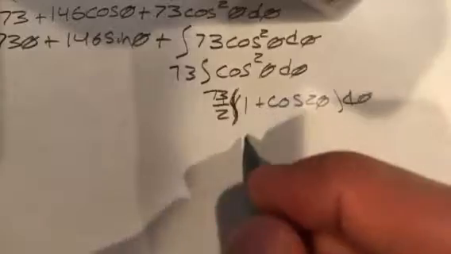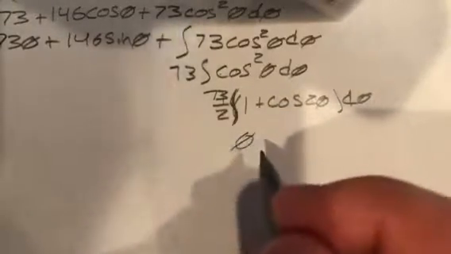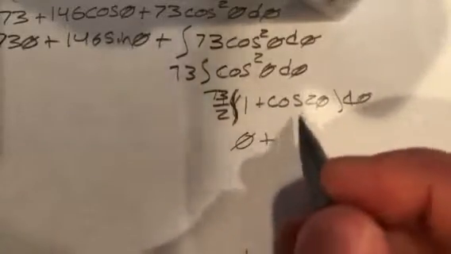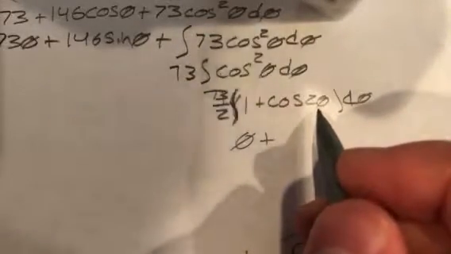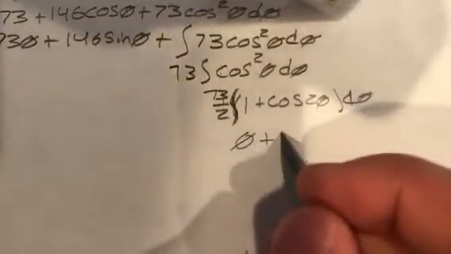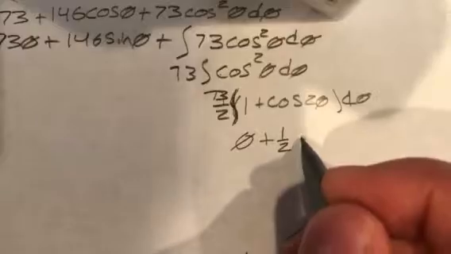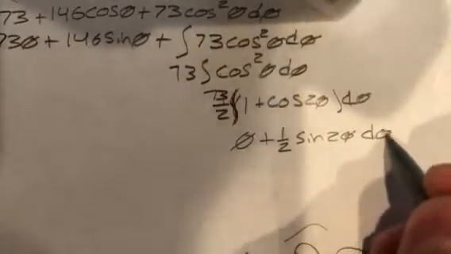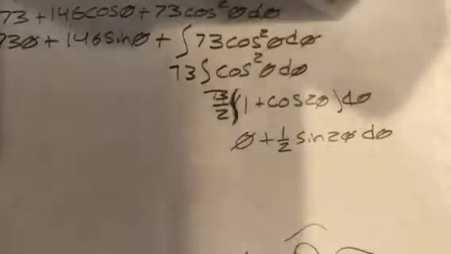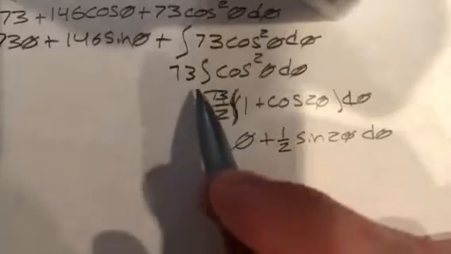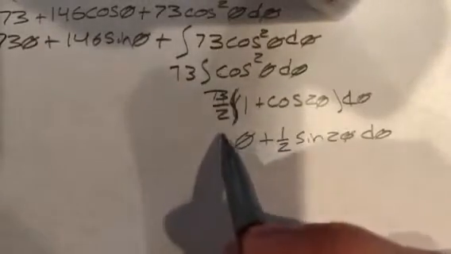And then we can integrate this piece right here, which would be theta, and then integrate this cosine 2 theta. What's the integration of that? Well, we know it's going to be 1/2 sine 2 theta. And then we have this constant out front that we need to distribute to all these parts.